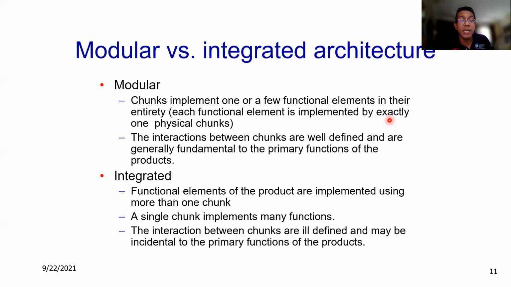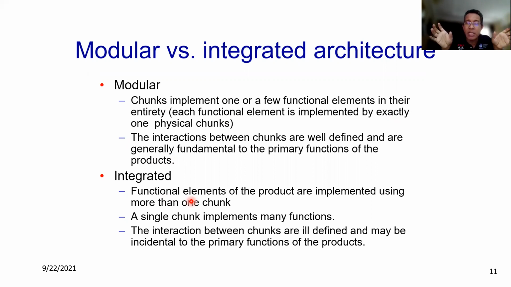From this, you can have these summaries for the modular and integral design. A modular architecture has the following properties: the chunks implement one or a few functional elements in their entirety. The interactions between chunks are well defined.